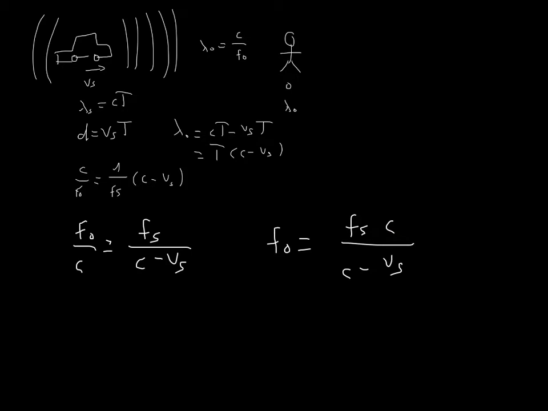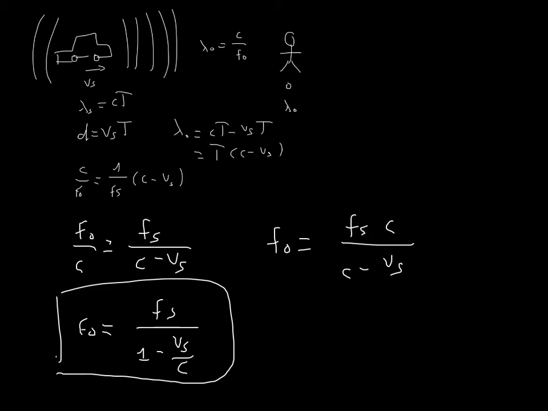So I've got that the frequency as measured by the observer is going to be the frequency of the source divided by 1 minus velocity of the source over c. And remember, in this case, c is the speed of sound, not the speed of light. Cool. So we've got our first Doppler effect formula for a source that's approaching the observer.